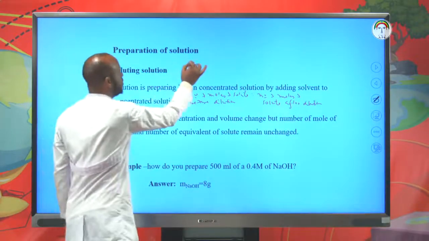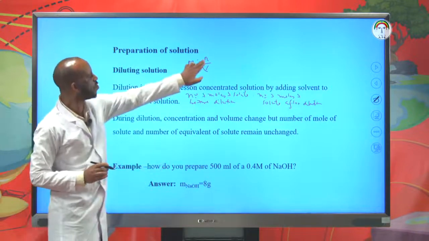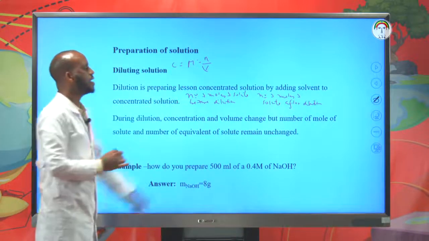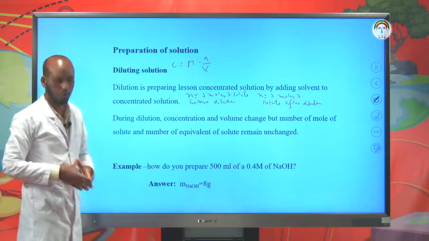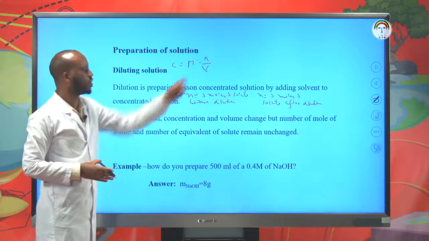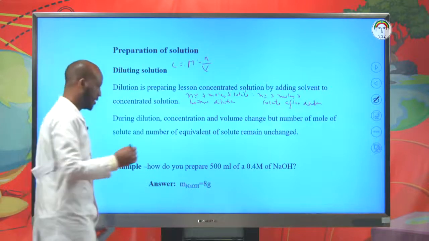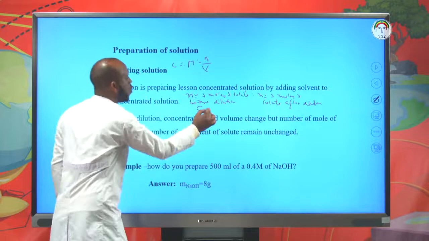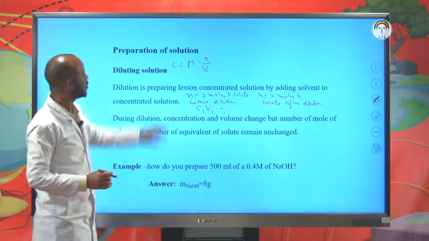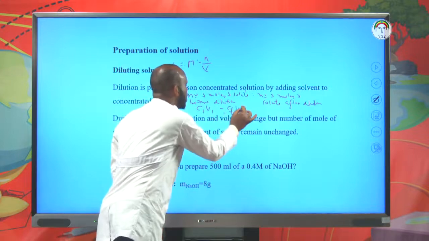But molarity is number of moles divided by volume of the solution. From this, number of moles equals molarity times volume, or concentration of a solution equals number of moles divided by volume of the solution. Now, initial moles of the solids equal initial concentration times initial volume of the solution, C1 times V1, equal number of moles of solids after dilution, which is final concentration times final volume, C final times V final.